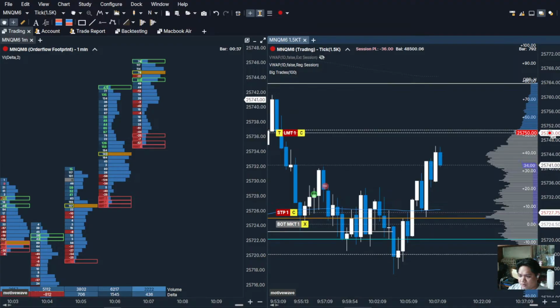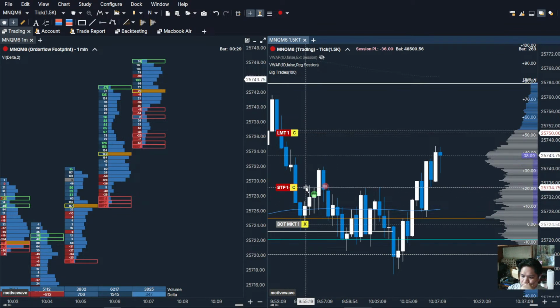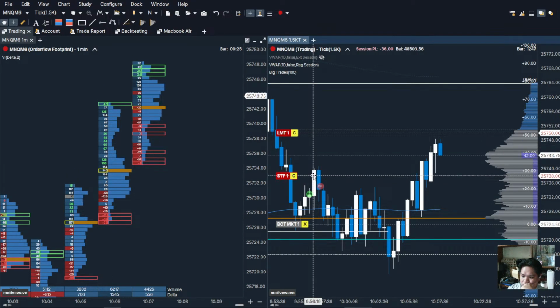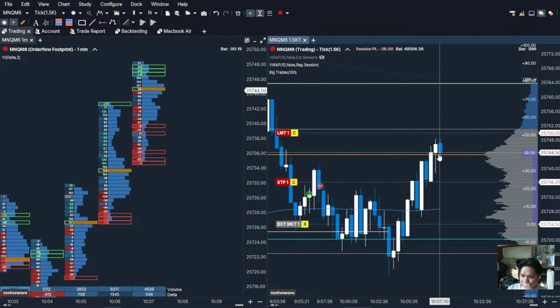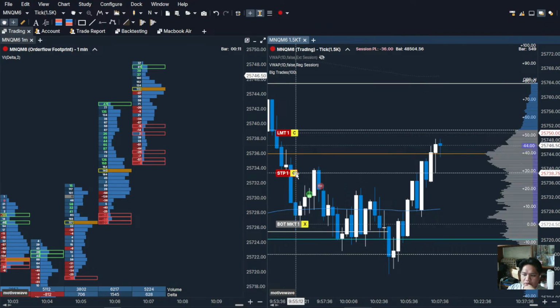Just put a limit one, just a small one there. Okay, POC is above now. See if we can hold the POC. If we can hold the POC, that's good. If not, we're out.